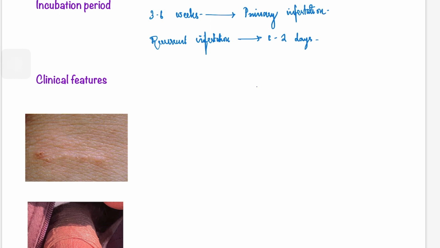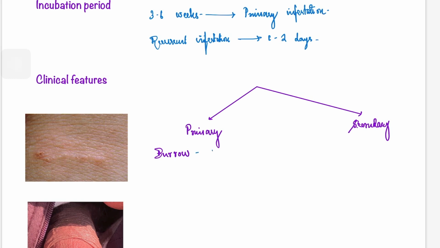What are the types of skin lesions you would see? The skin lesions could be primary skin lesions or secondary skin lesions. The primary lesion, the most important, is the burrow. It is pathognomonic.